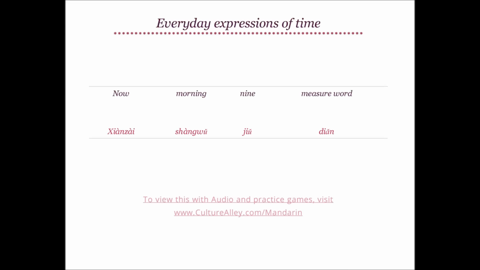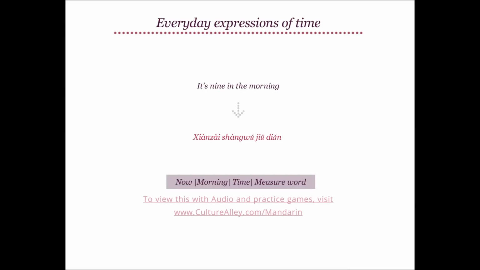Now gets translated as 现在, while morning becomes 上午. 9 becomes 九. And lastly, the measure word is translated as 点. Good! Thus, it's 9 in the morning becomes 现在上午九点.